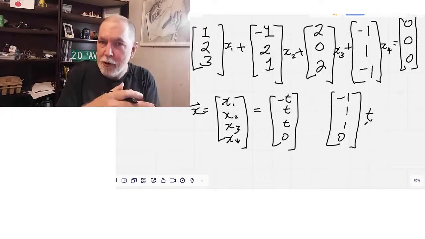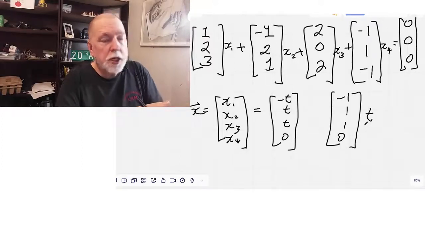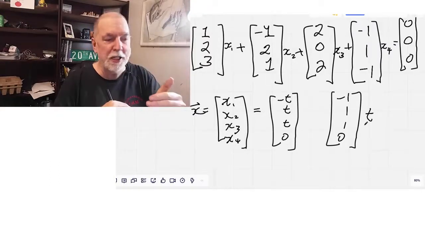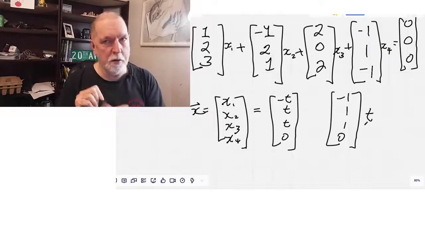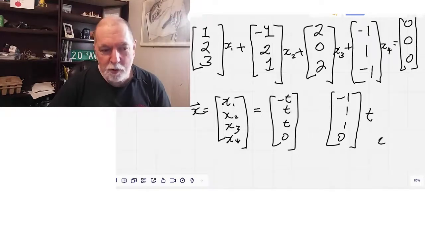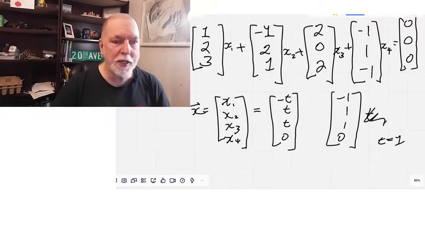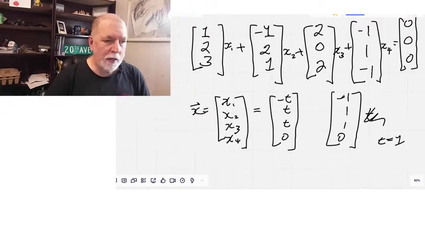You see what I've done here is I've slipped in this notion of multiplying these column matrices by some number. And if t equals 1, we can just eliminate that t. And that would be a particular example. Let's try this. Let's let x sub 1 be negative 1.